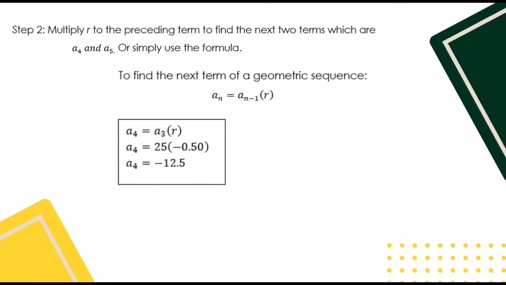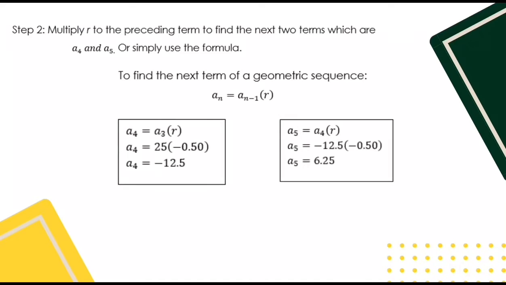From the given, our a sub 3 is 25 and our computed common ratio is negative 0.50. Therefore, a sub 4 is equal to 25 times negative 0.50, which is equal to negative 12.5. Now, for a sub 5, we have a sub 4 times r.